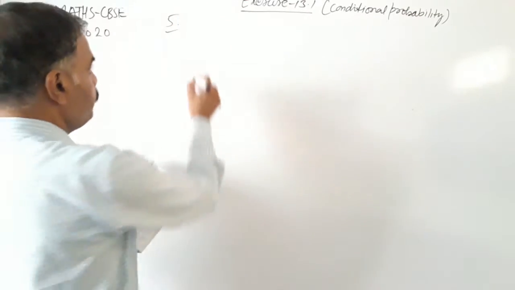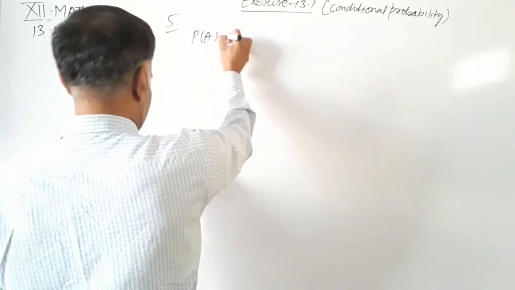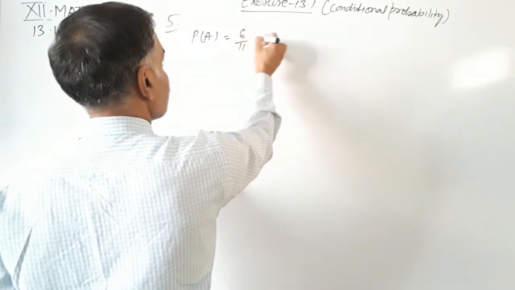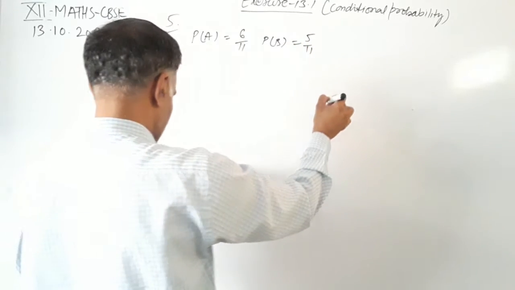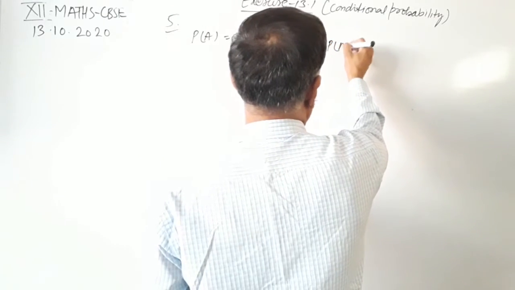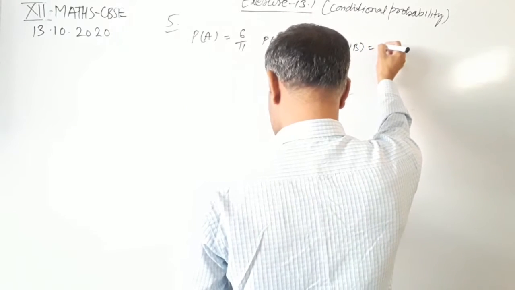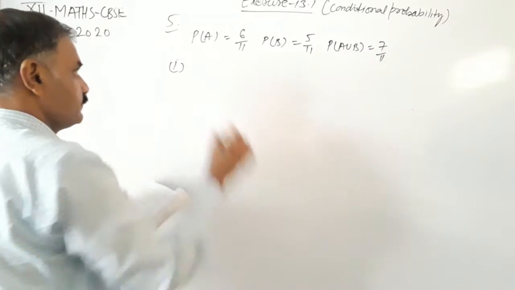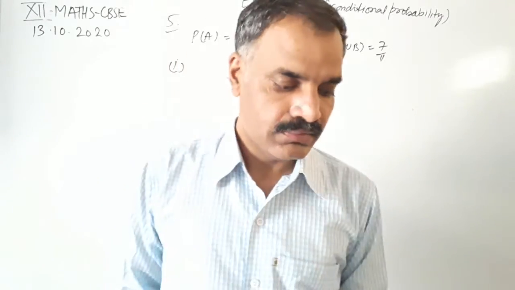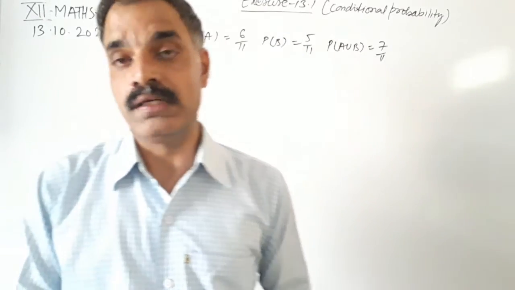We have been given P(A) that is 6/11, P(B) that is 5/11, and also P(A union B) that is 7/11. The first part is to find P(A intersection B).